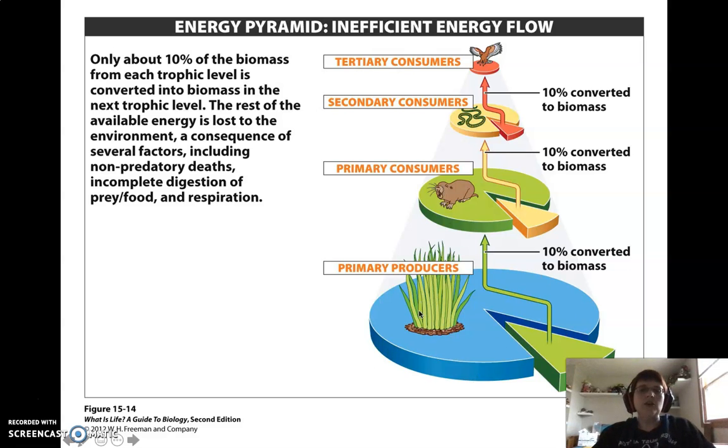So again, you lose 90% of the biomass when you go from one step of the food chain to the next. And I just wanted to point out, you may see this sometimes called a trophic level. So each of these is a trophic level, an eating level, if you want to think of it that way. And so you lose that 90%, or only 10% goes to the next level, and so on up.